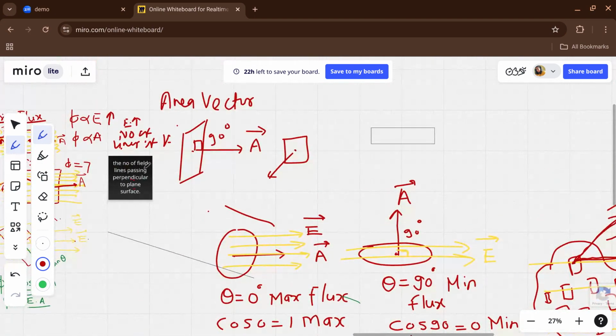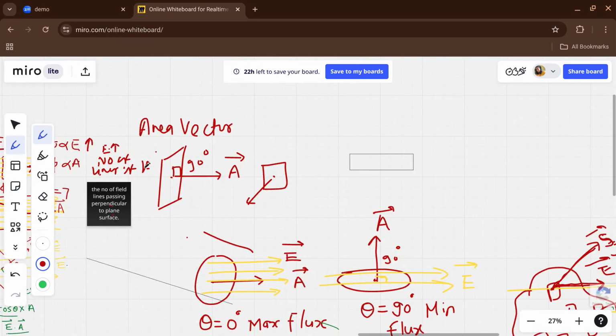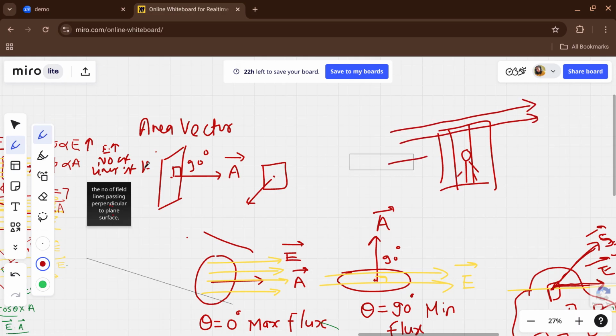What we have to remember: if I consider this is a window and you're standing here, and the wind flow is in this direction. The area vector of the window is towards you, outside the window. So in this case, the direction of wind flow and the direction of the area vector are exactly 90 degrees. So the person who is standing exactly in front of the window cannot feel any kind of wind.